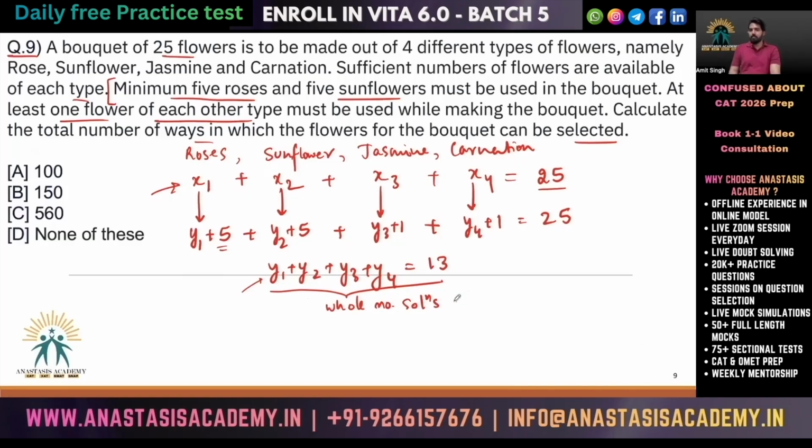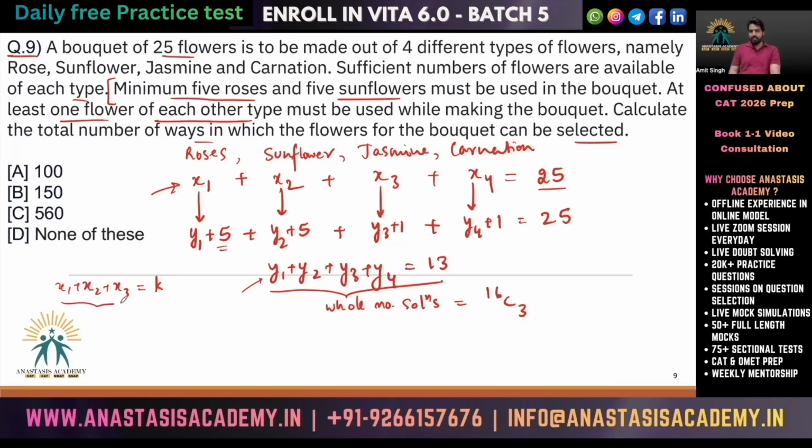And the whole number solutions for this equation is given as 16 C 3, because I need to add 3. Or if you remember, x1 plus x2 plus x3 is equal to, let's say, k. How do you find the whole number solutions?